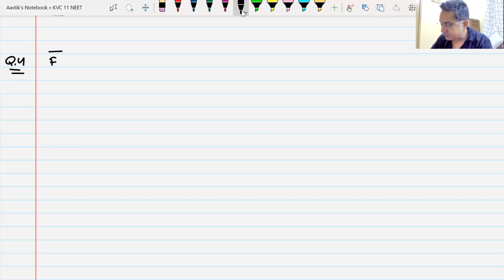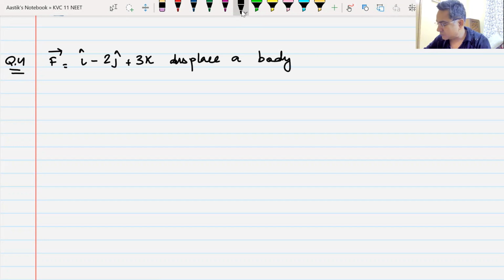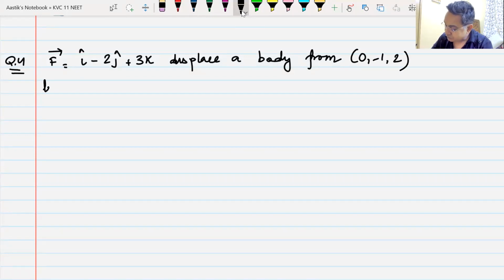A force F, which is given as i minus 2j plus 3k, displaces a body from initial coordinates 0, minus 1, 2 to final coordinates 2, 1, 0.